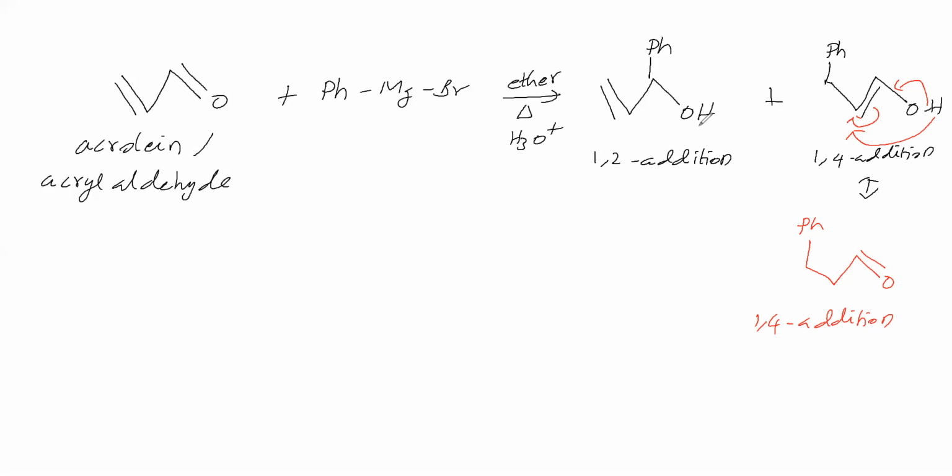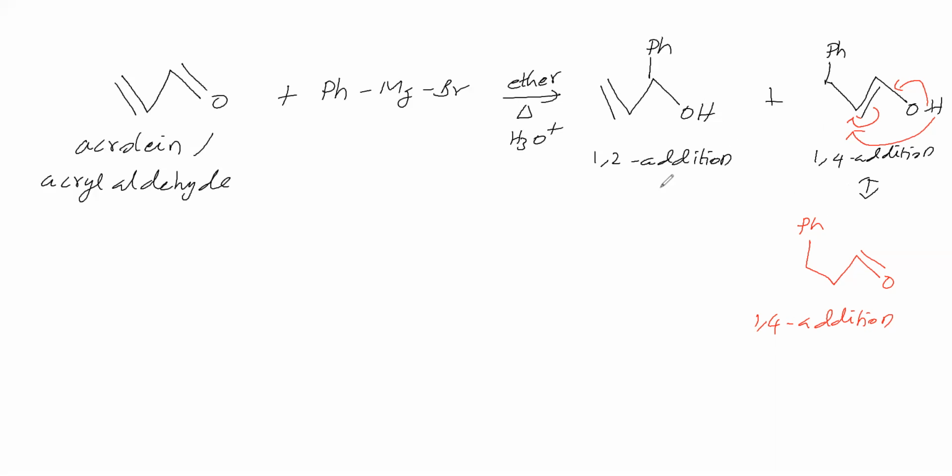Next, this pi bond is in conjugation with this lone pair. Therefore, it can go for tautomerism. But this pi bond is not in conjugation with this OH oxygen. But this pi bond is in conjugation with this oxygen lone pair. Therefore, it goes for tautomerism and gives a ketone.